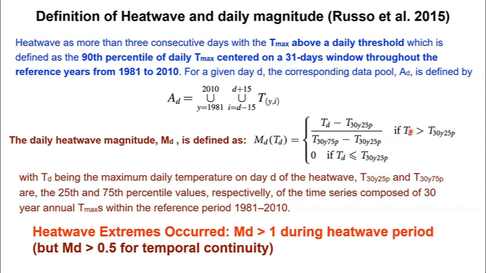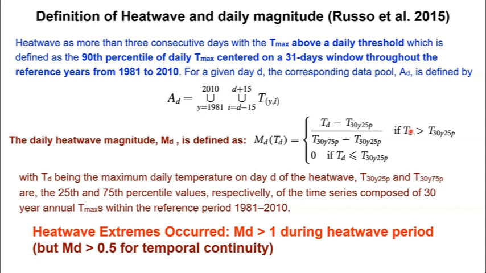And it's measured by this interquartile, or 25 to 75 percentile, among this 30-year annual maxima. Because it's choosing the annual maxima, it only occurs in the summertime. So in the previous definition, usually a warm spell can occur in the wintertime, but by this definition, you will only have this in the summertime.